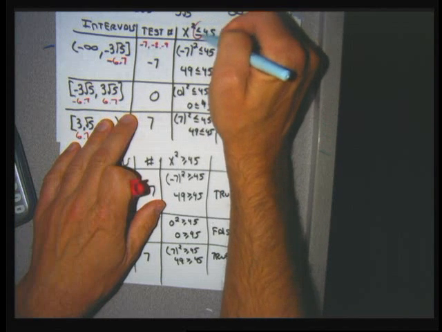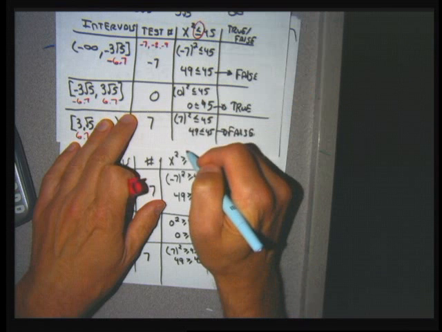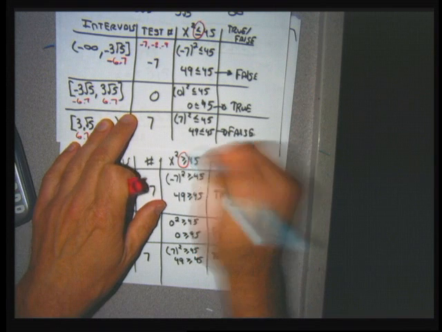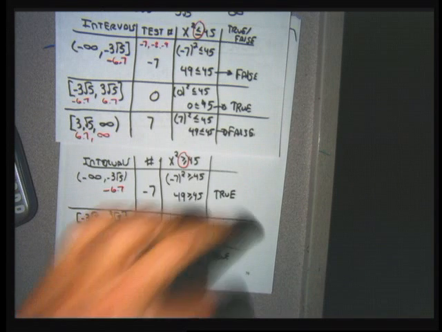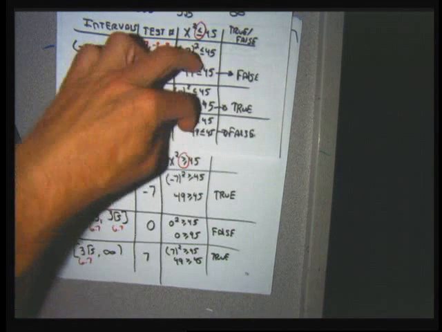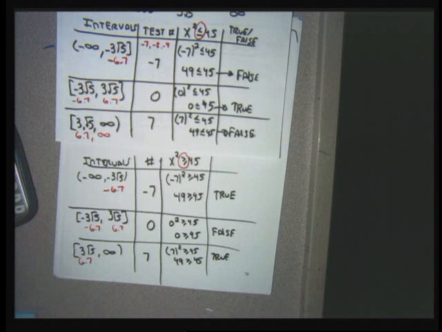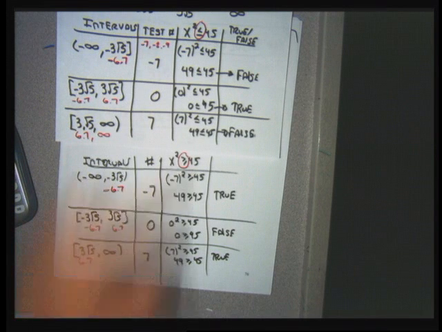Here, I need a smaller number to be true. Here, I need a bigger number for it to be true. So the only difference between the problem that I just did and the problem that I did yesterday is right there and right there. The algebra is 100% the same, except for when I get to the very end of my table.